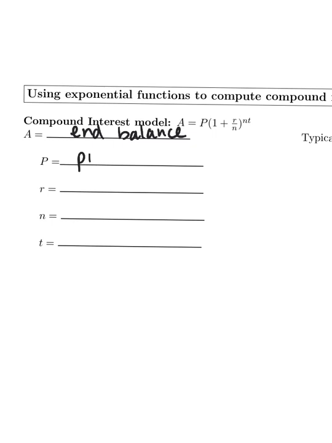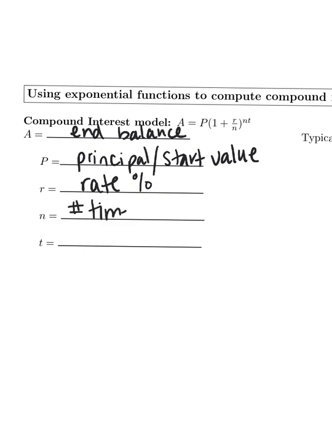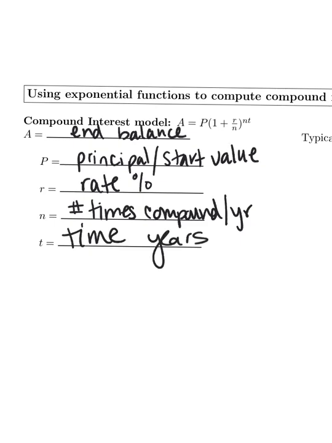Your P is your principal, which is the starting value or initial value. The R is the rate, which is your percent. The N is the number of times you compound per year. And T is the time in years. So just jot this formula down so that you have it handy and you can keep referencing it.